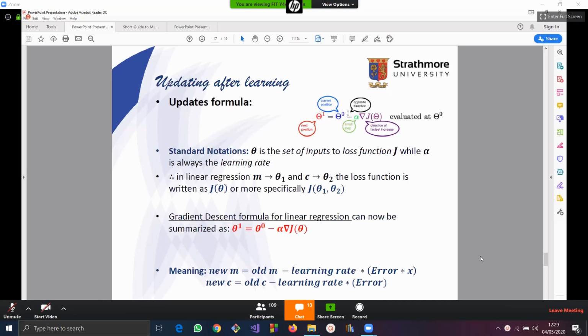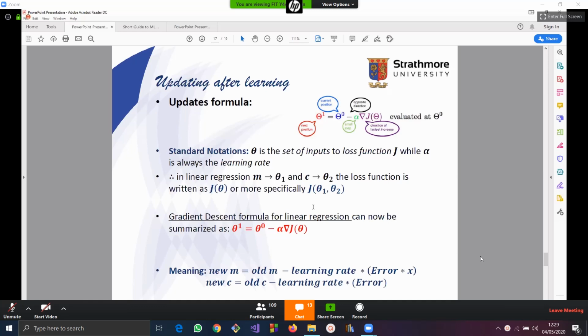So we update M and C. We're going to learn the y-intercept. That's all we need to learn. So we need to learn the best M and also the best C, or the optimum M and C, that describes the data set. So now here's what is going to happen.